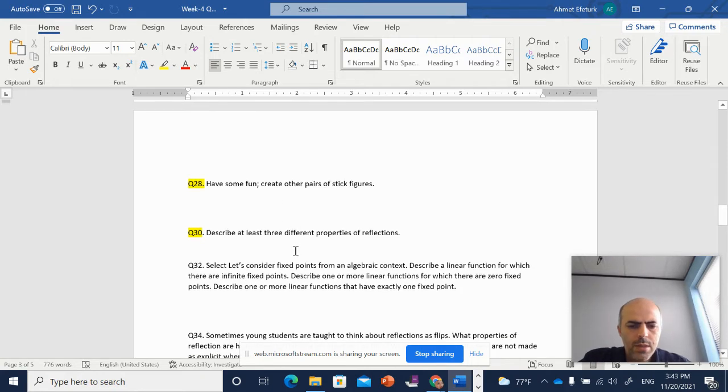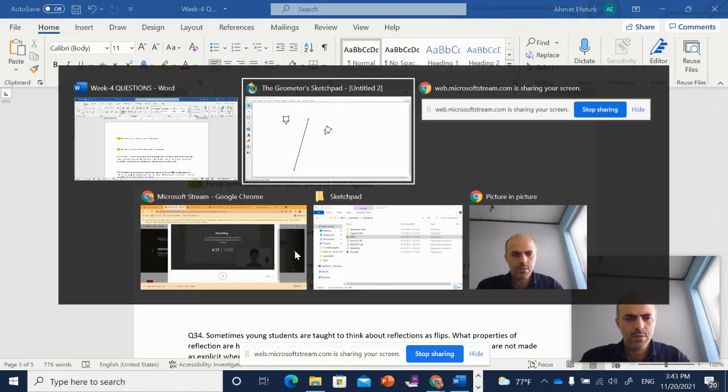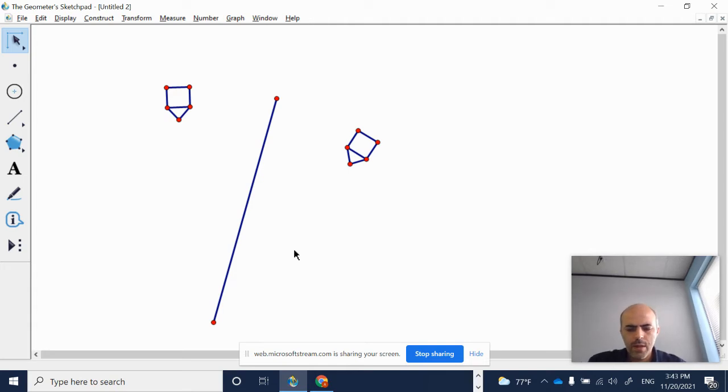And they ask us to describe at least three different properties of the reflections. So let's go back to our picture. We can say that the image and the pre-image always remain congruent because they are the same size and the same shape.